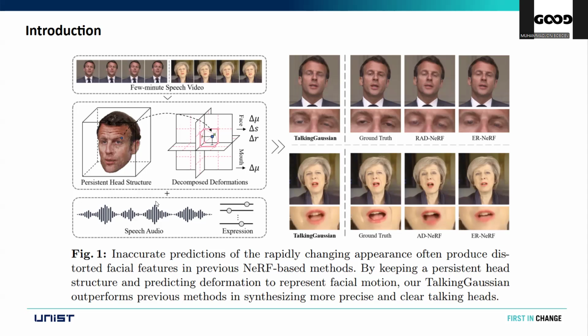Using this persistent head structure and decomposable deformation, TalkingGaussian outperforms and synthesizes clearer and more precise talking heads. I will explain in more detail later, but given the speech, they deform this persistent head structure in order to generate a clear and precise head.